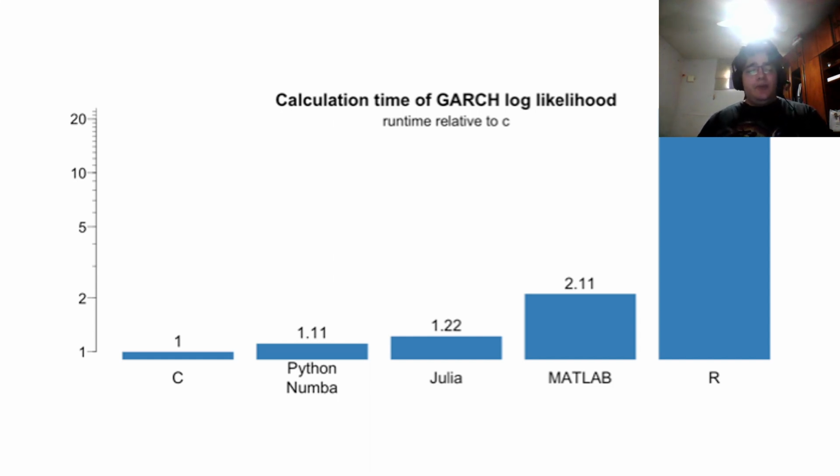If we have a program that runs in C language in t equals 1, R runs the same program at t equals 23. So that's a very different runtime in relation to C language, isn't it?